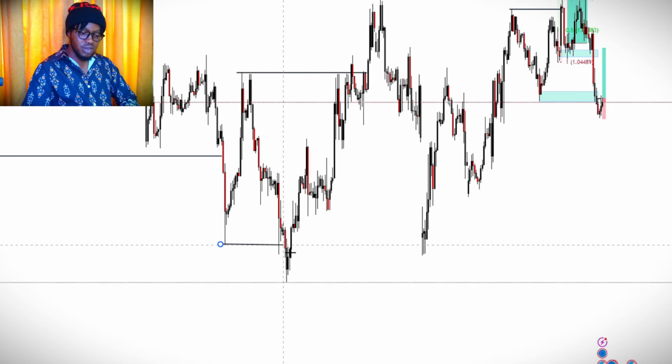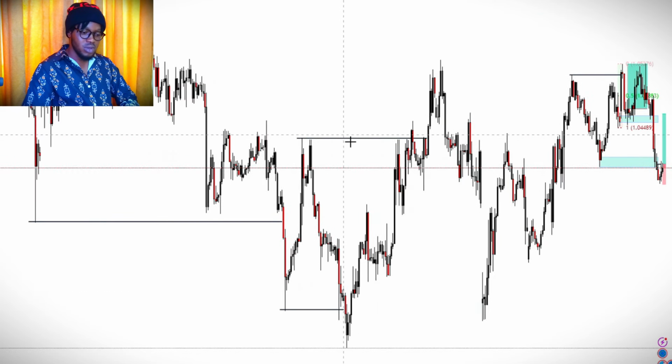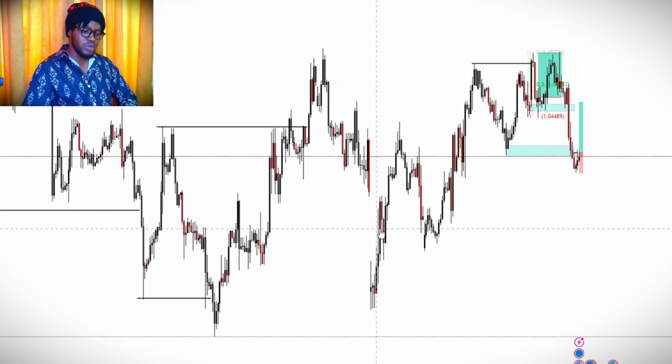I think there's no need of taking it out. Let me just analyze something quickly. Another break of structure, and then we had a shift of structure. You can see this clearly. All right, this is a shift of structure right here. We had a shift of structure, and after the shift of structure we had a retracement, a clear retracement, and price turned bullish after the shift of structure.